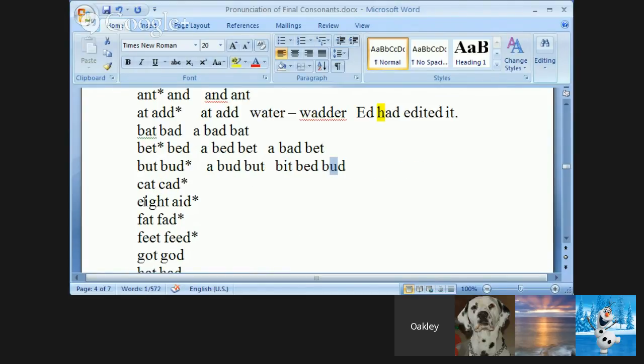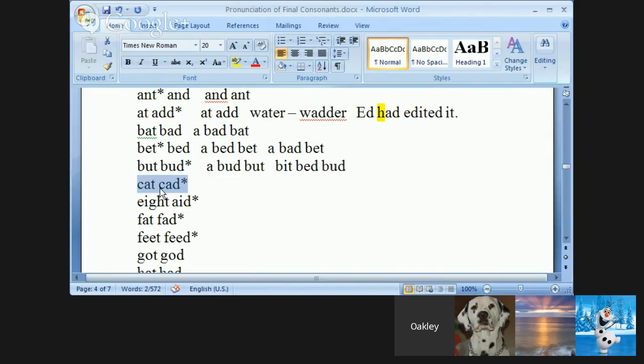Okay. Anyway, let's move on. Max, try this next pair. Cat, cad. All right, and together, fast. Cat, cad. Faster. That's it.